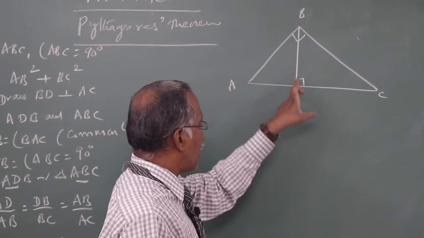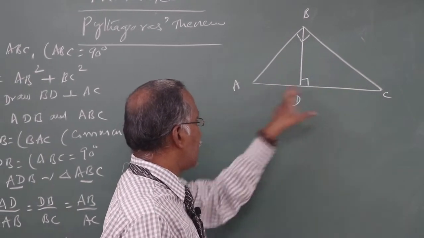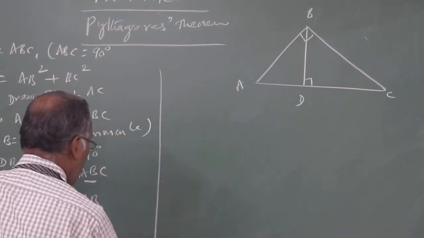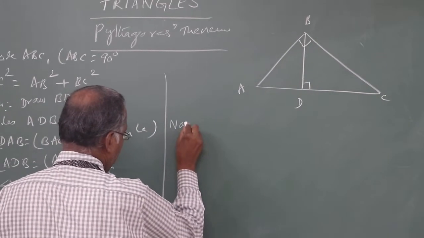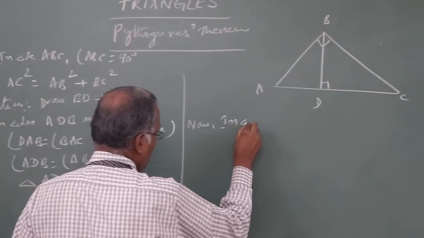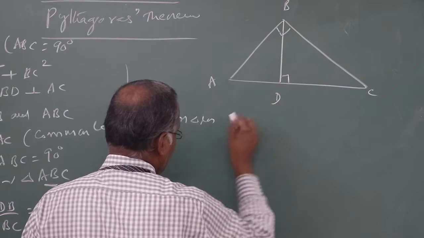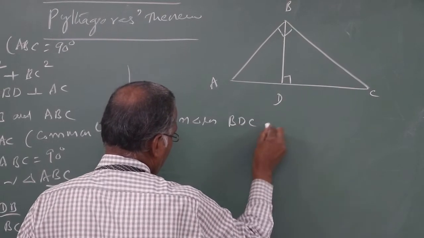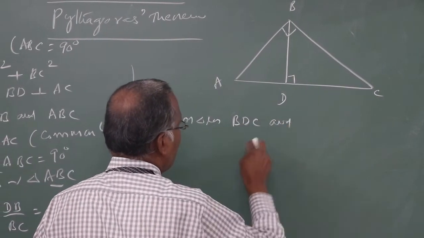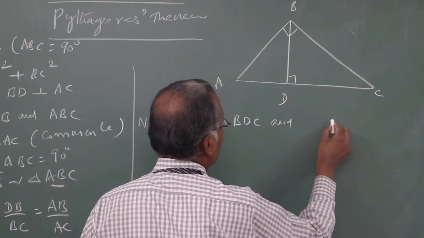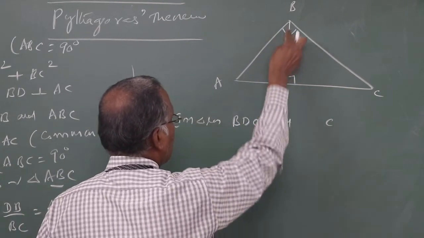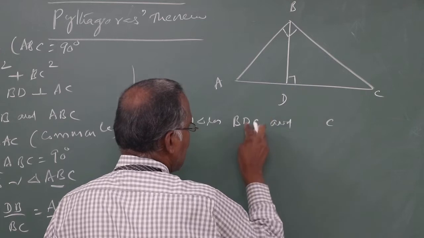Let us compare now the triangles BDC and ABC. Now, in the triangles BDC and ABC, you know very well that angle C is common. In the triangle BDC, angle D is 90 degrees.